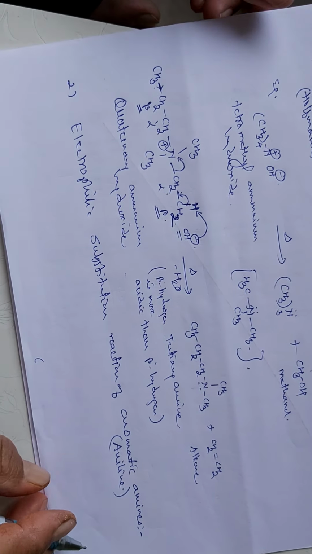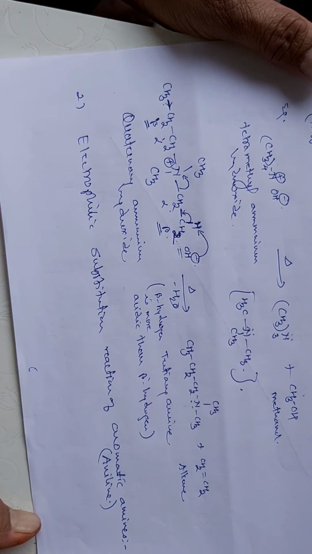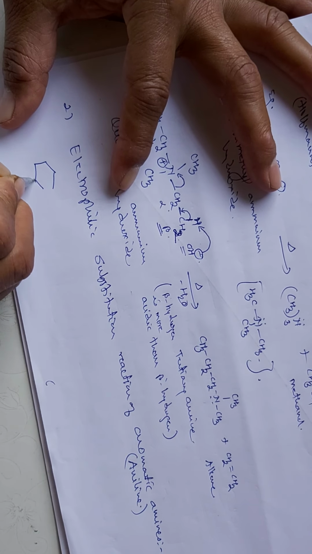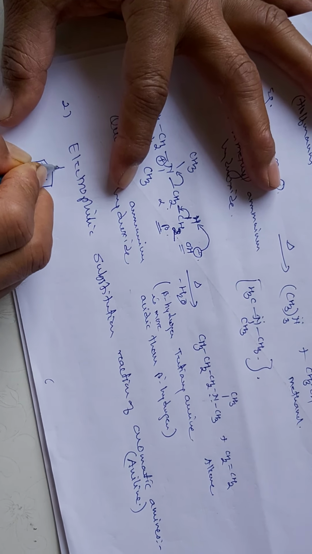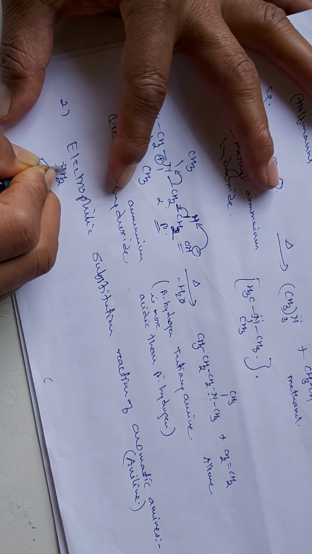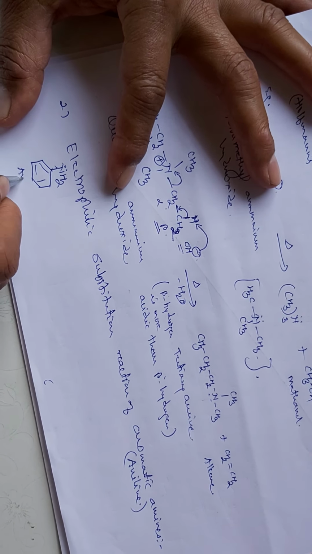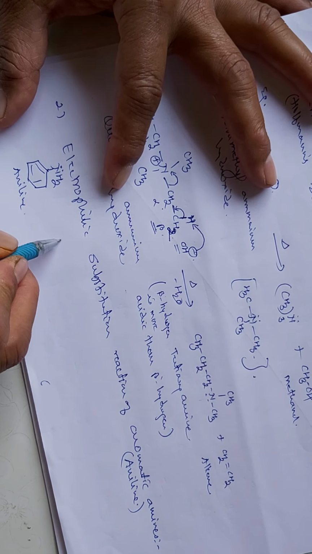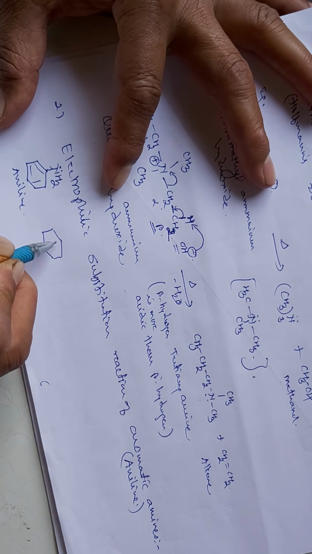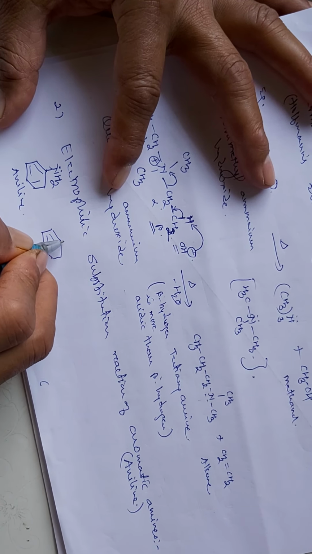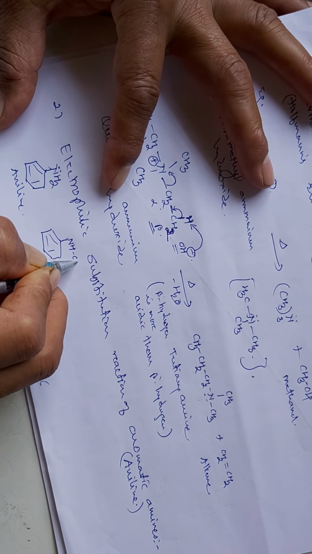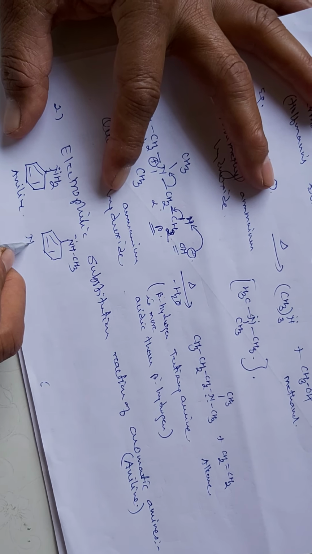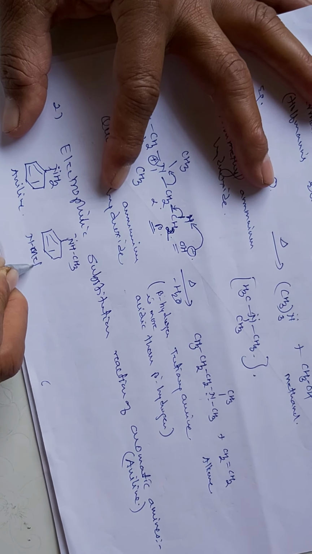Aniline is a molecule in which the hydrogen atom of the benzene ring is substituted by the amino group. And in this way, there are different types of derivatives of aniline which undergo electrophilic substitution reaction. Here, this is the secondary amine, that is N-methyl aniline.